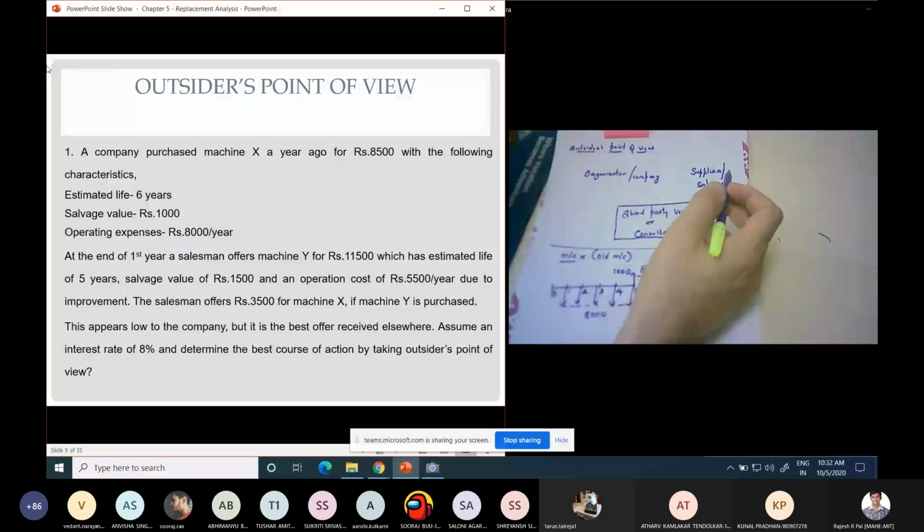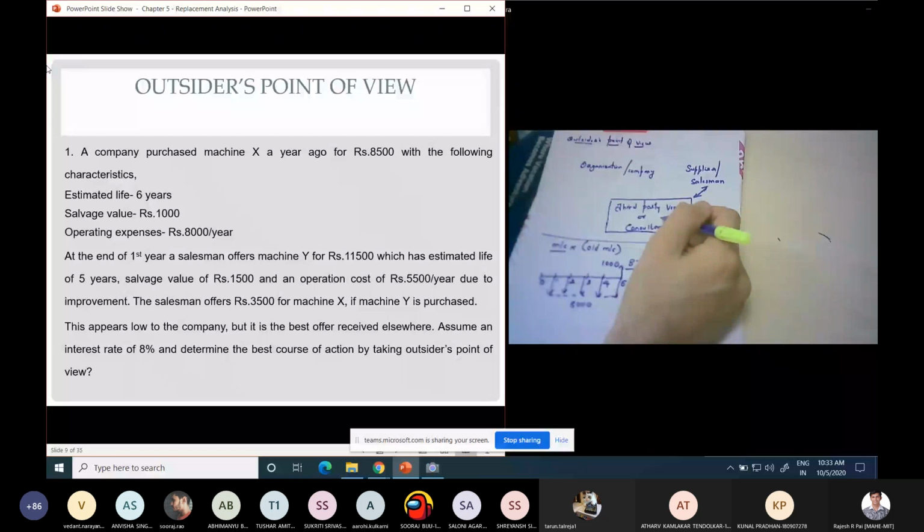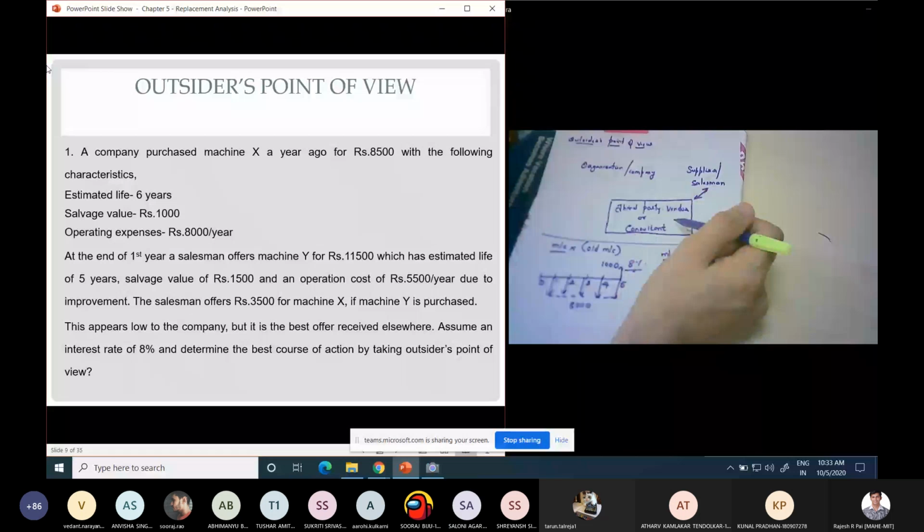Now we have to draw the cash flow diagram according to this third party or the consultant, as if the consultant or the third party is going to buy the alternative.